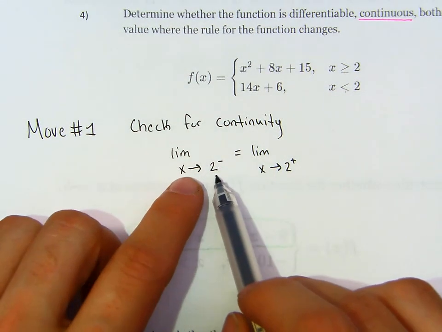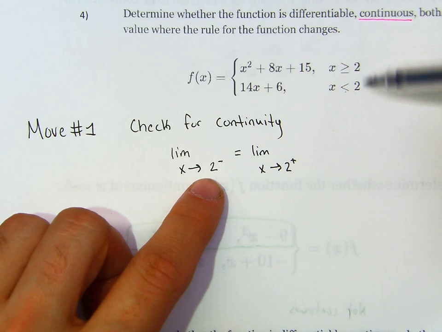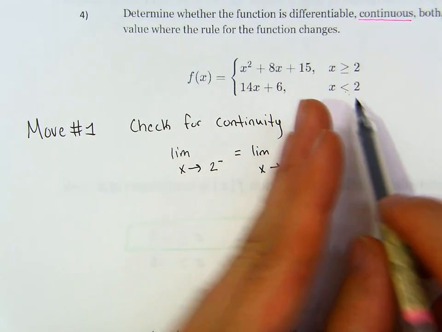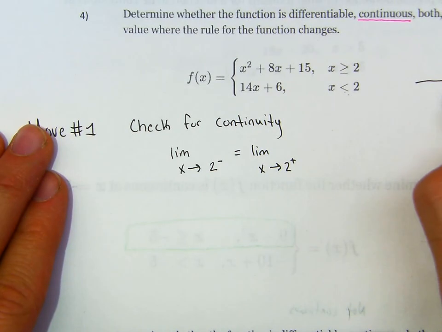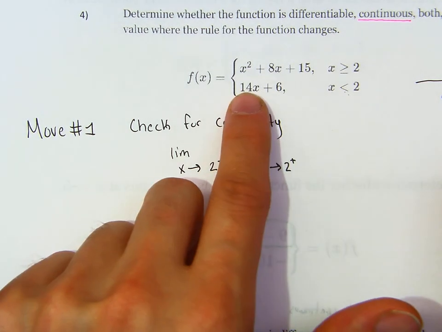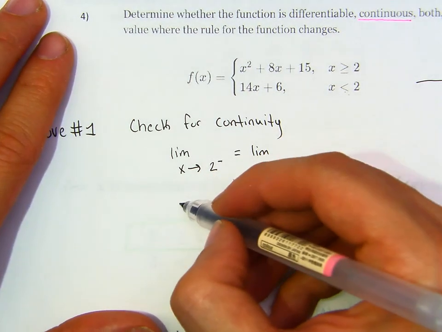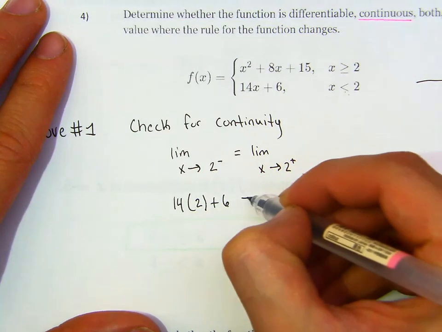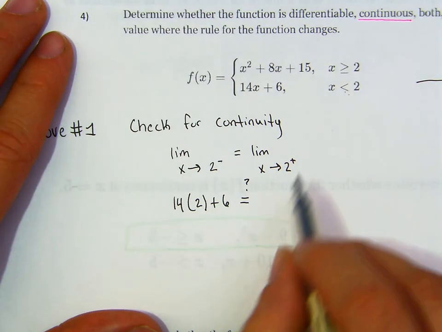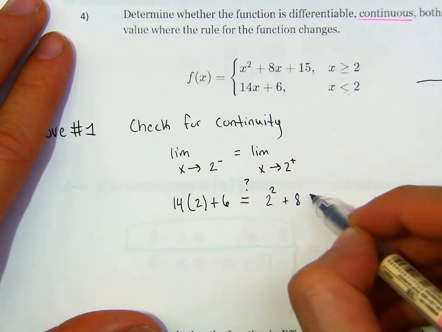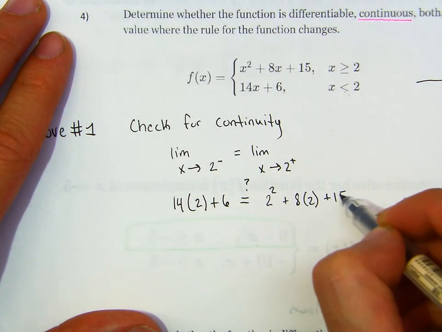The limit as x approaches 2 from the left will be this one here, because this is saying x is less than 2. Everything to the left of 2 will use 14x plus 6. So 14 times 2 plus 6. Does that equal, from the right, 2 squared plus 8 times 2 plus 15?